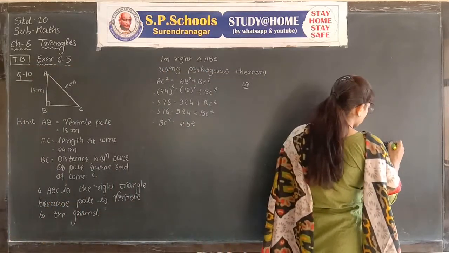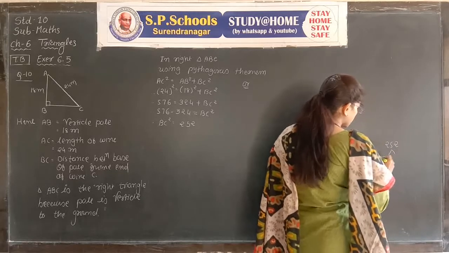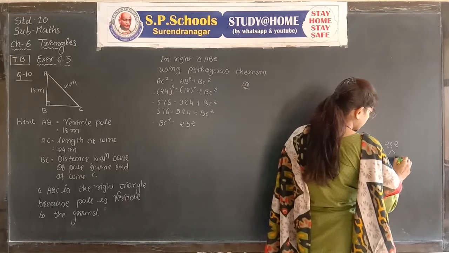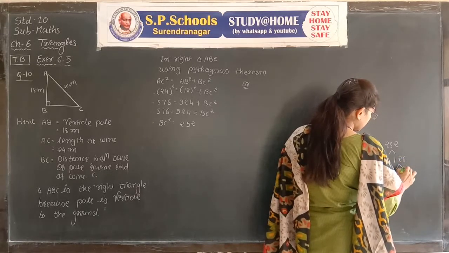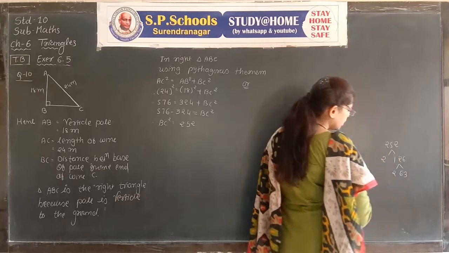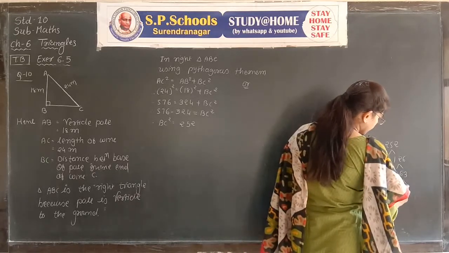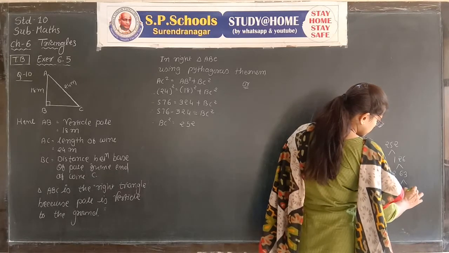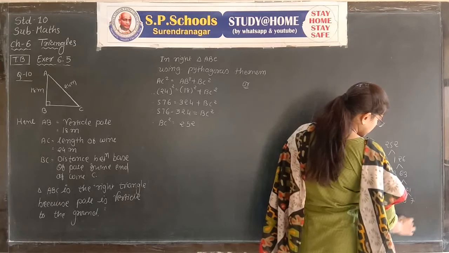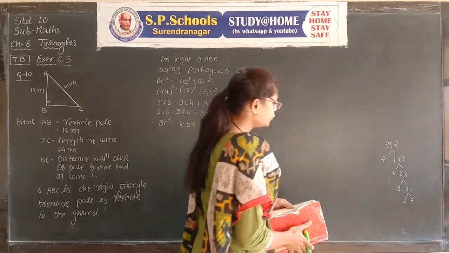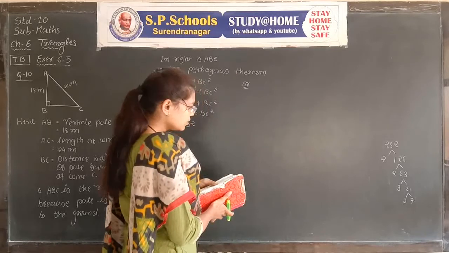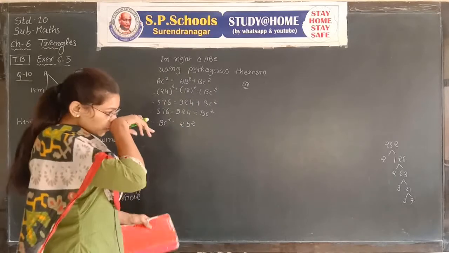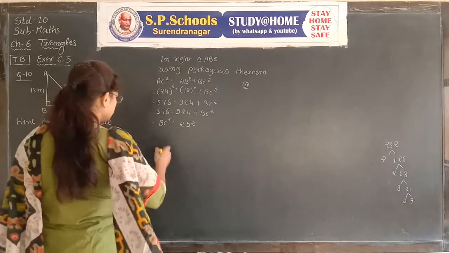For finding the square root, find the prime factors of 252. 252 is split into prime factors as 2 square into 3 square into 7.